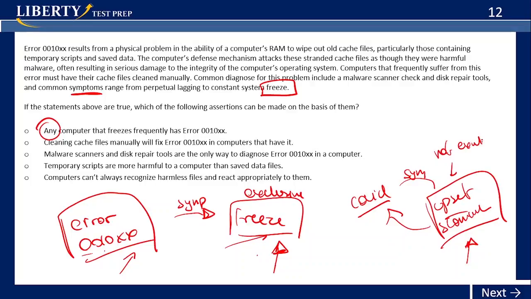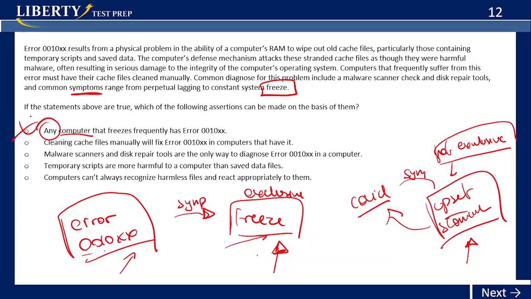So you might have just indigestion or something like that, right? So the same way here, if the computer freezes, that's one symptom of this error, but it doesn't constitute the error. So freezing is not telling you that you necessarily have it. You might have that error, but it's not proof that your computer has that error. So letter A is out because it's got a wrong logic.